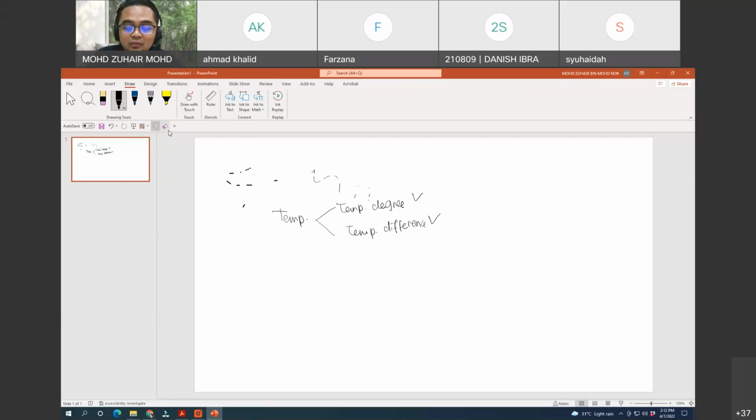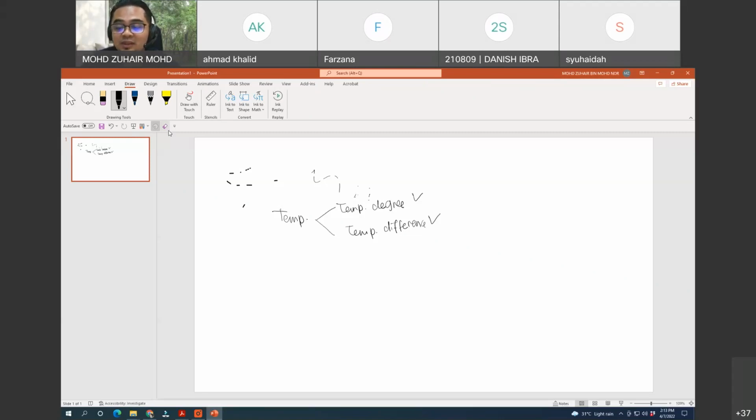Let's take the oven example that I gave in the video. What is the temperature of the oven 10 hours ago? 10 hours ago, the temperature of the oven was 100 degrees C. And the current temperature of the oven has already reduced to 20 degrees C. So the temperature difference from 100 to 20 degrees C is 80 degrees C. So that's temperature difference.